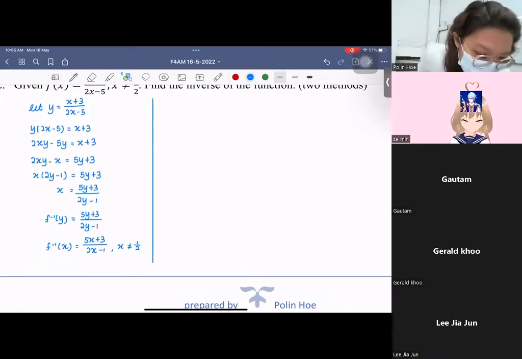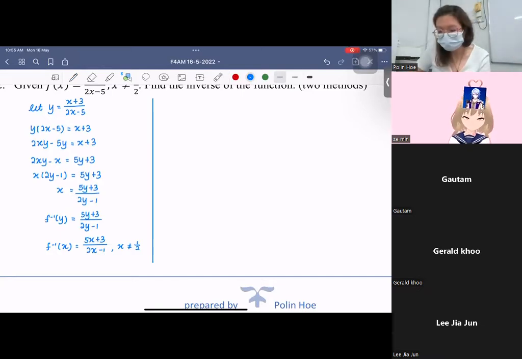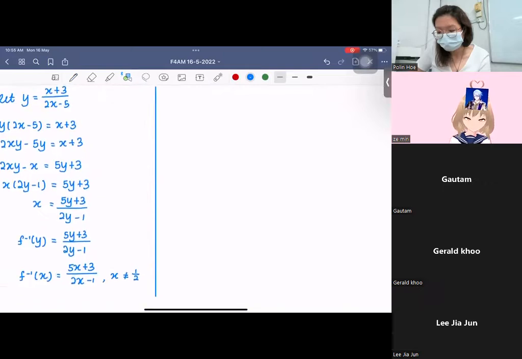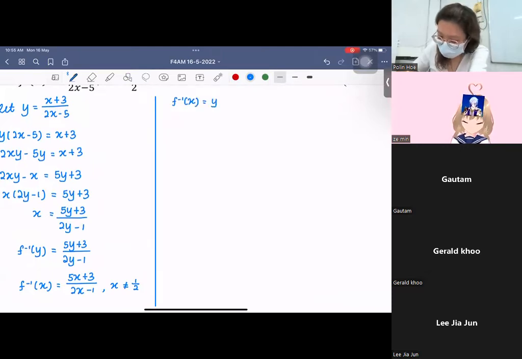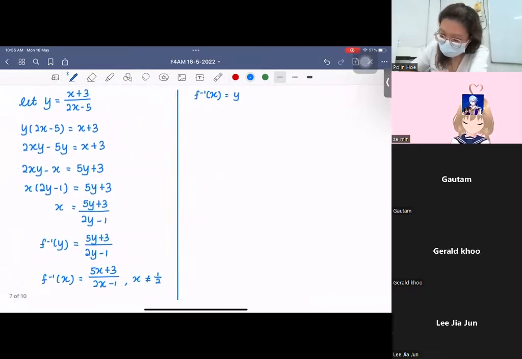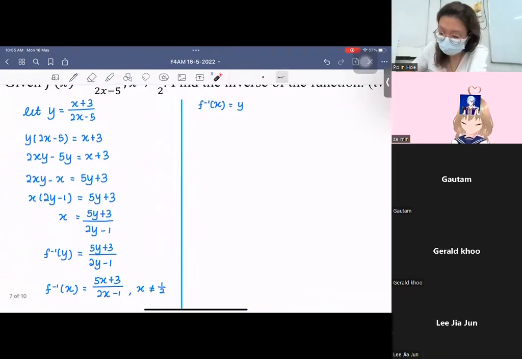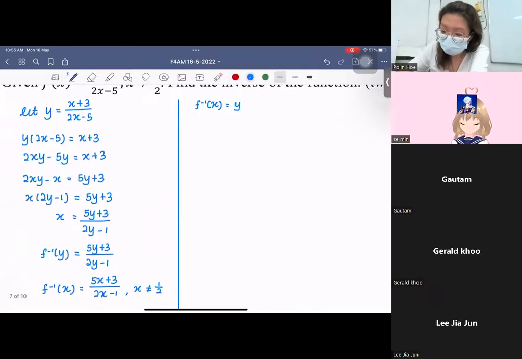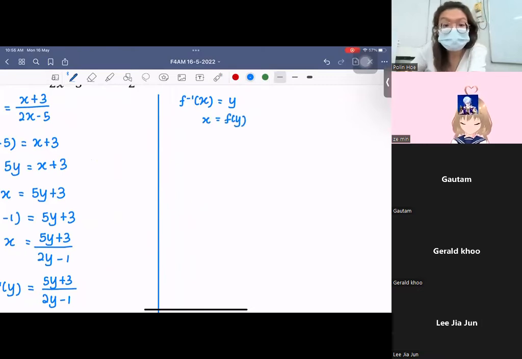The second method is to let the inverse of x equal y, which is actually the same as this: inverse of y equals x. You just change the x and y. After that, we say that x equals f(y).